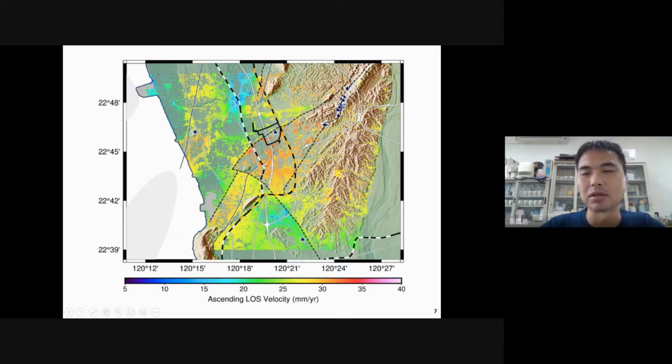If you know Kaohsiung city in Taiwan, it is the second largest or third largest, it depends, and of course it is the largest city in southern Taiwan, and it is my hometown. So here it just shows the InSAR line-of-sight velocity. It is the ascending result in southwestern Taiwan.